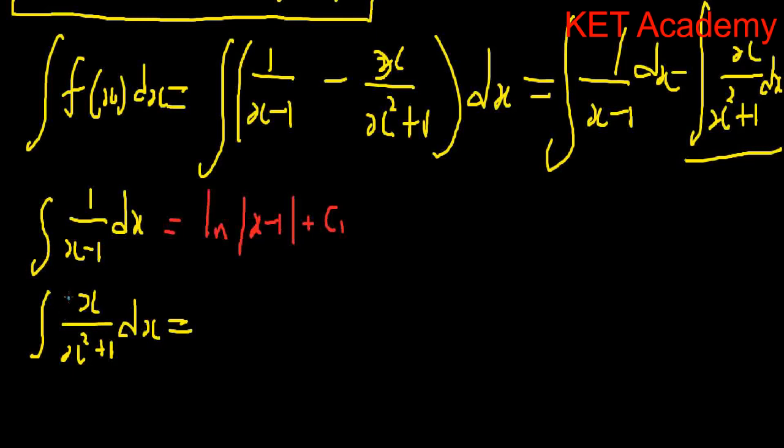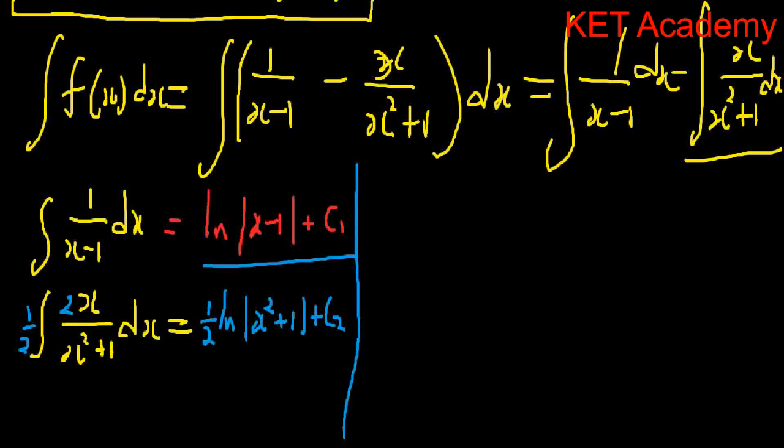If I put 2 here and a half here, I haven't changed anything, because differentiating the denominator gives 2x. So this will simply be half the ln of the absolute value of the denominator, plus c2.